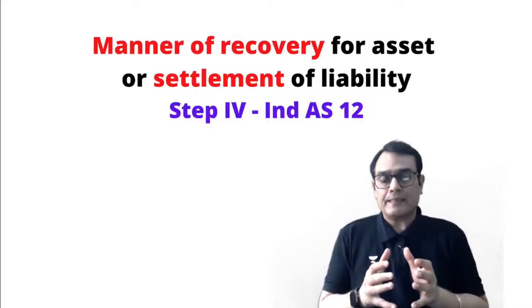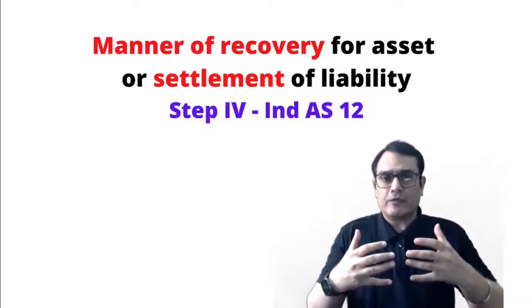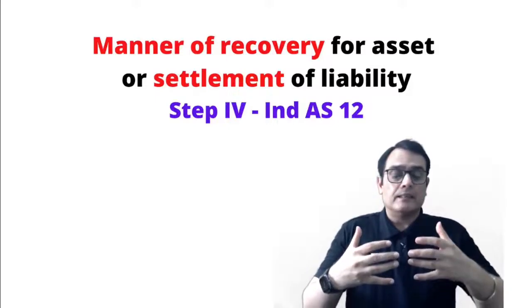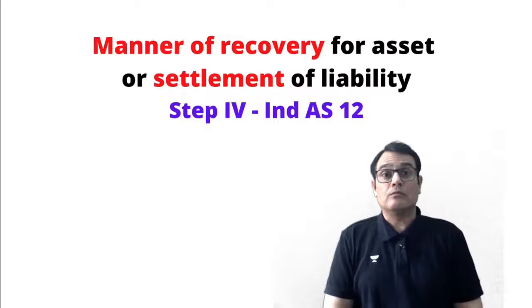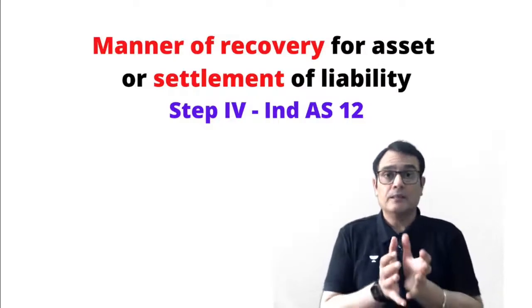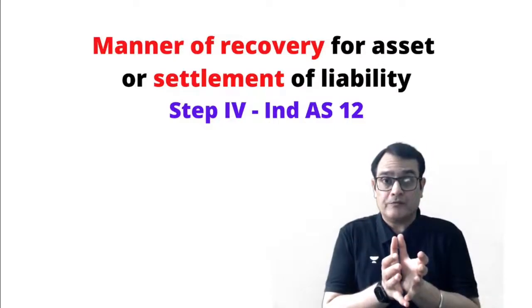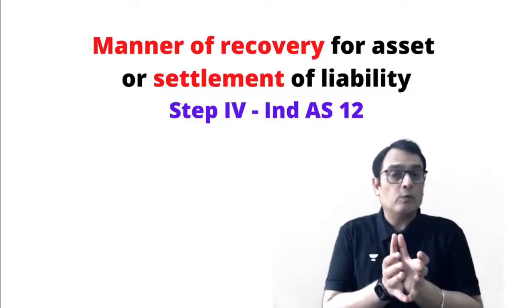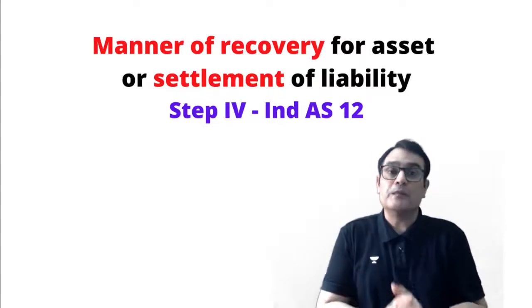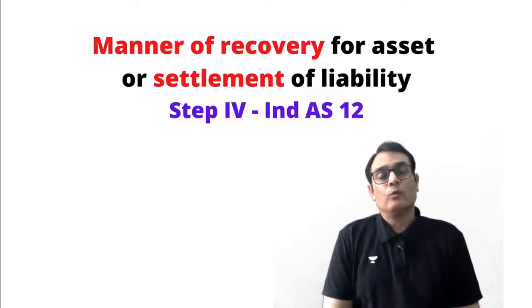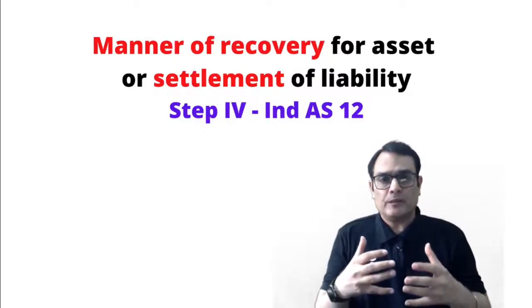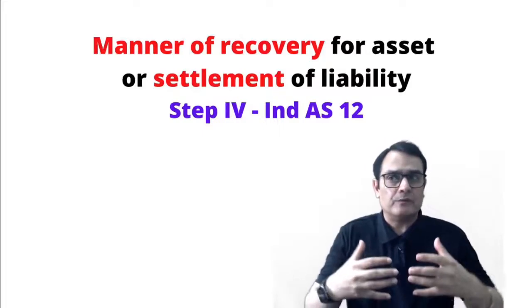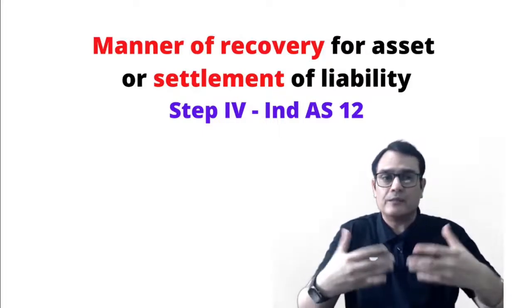Now, when we look at an asset, the future economic benefits from the asset will arise on account of two factors. Either we're going to recover the economic benefits by way of sale, or we would recover the economic benefits by way of use. For example, a company would recover the carrying amount of the inventory by way of sale of the inventory.